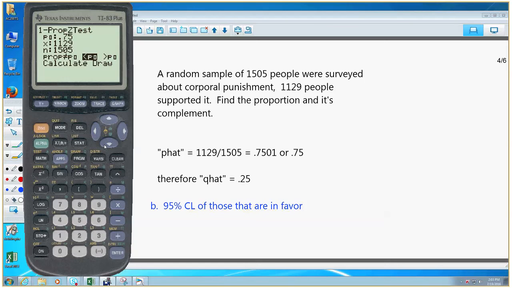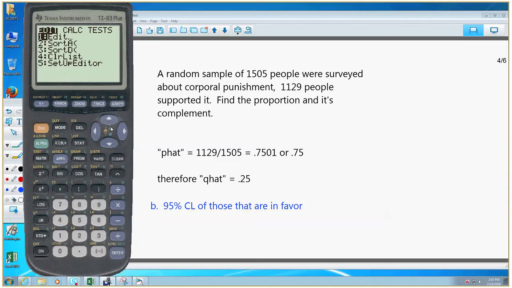It's not asking for it. 0.75, 1129, 1505. It's supposed to ask for the confidence level. Unless I'm supposed to do 2.